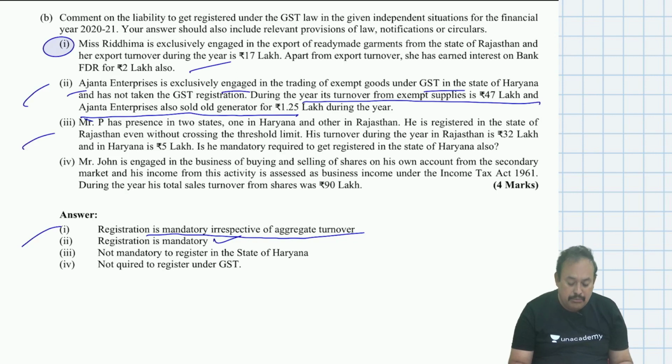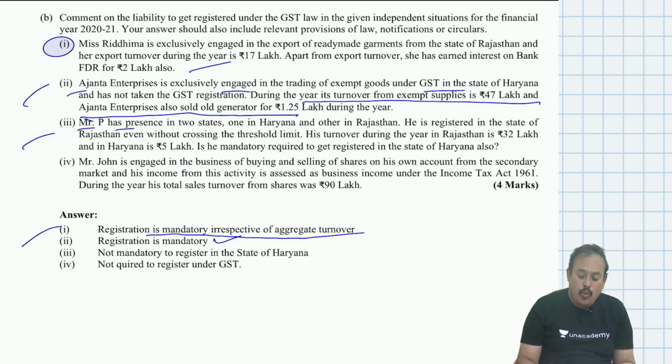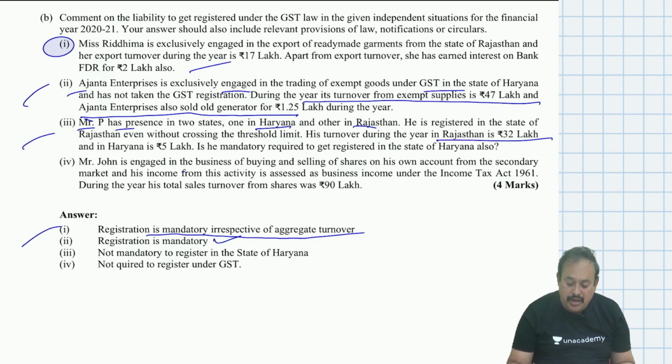Third case, Mr. P has presence in 2 states, one in Haryana, other one in Rajasthan. The turnover from Rajasthan is 32 lakh and turnover from Haryana is 5 lakh. They got registered voluntarily. They got registered in the state of Rajasthan. Total turnover how much? 32 lakh plus 5 lakhs, 37 lakh.